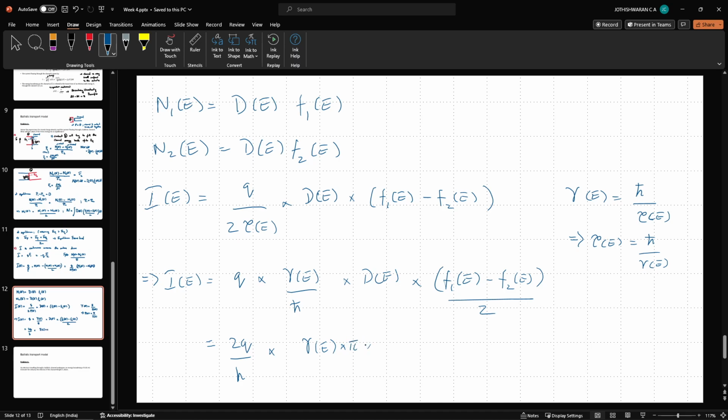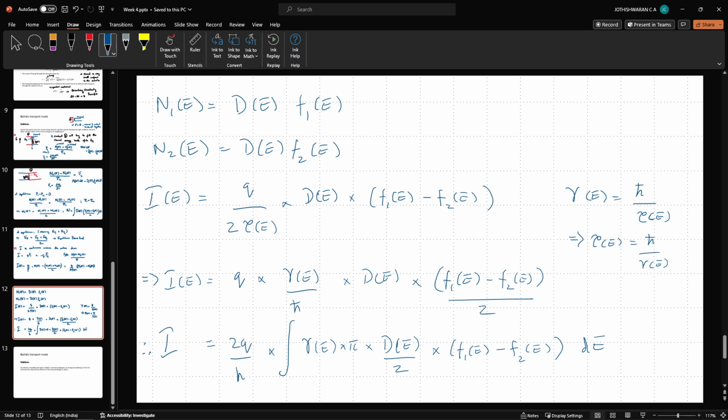Into pi into dE, and sometimes people just write it as d by 2. So into f1 of E minus f2 of E, and now I can write the total current as integral of this quantity dE.